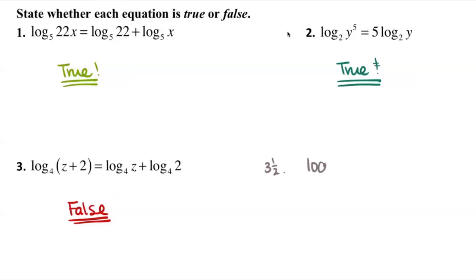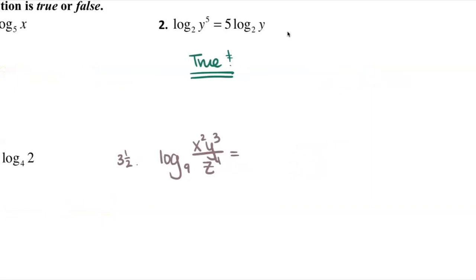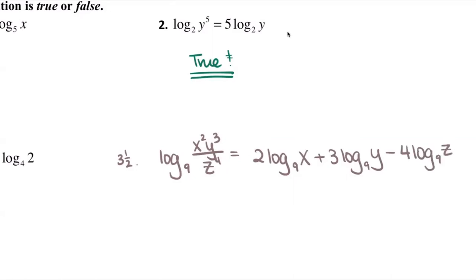If I have log base 9 of x to the second, y to the third, over z to the fourth, I want to see if this is equal to 2 log base 9 of x plus 3 log base 9 of y minus 4 log base 9 of z. Let's see if that checks out.